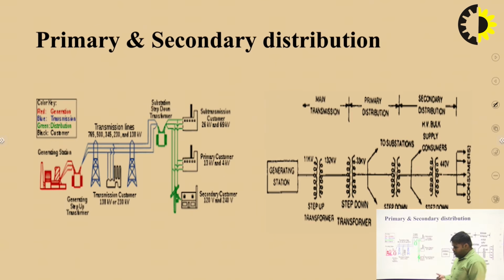If we talk about the primary and secondary distribution system, this is the basic layout or structure of the distribution system which I discussed in a previous lecture. This is the generation point, the generation station.